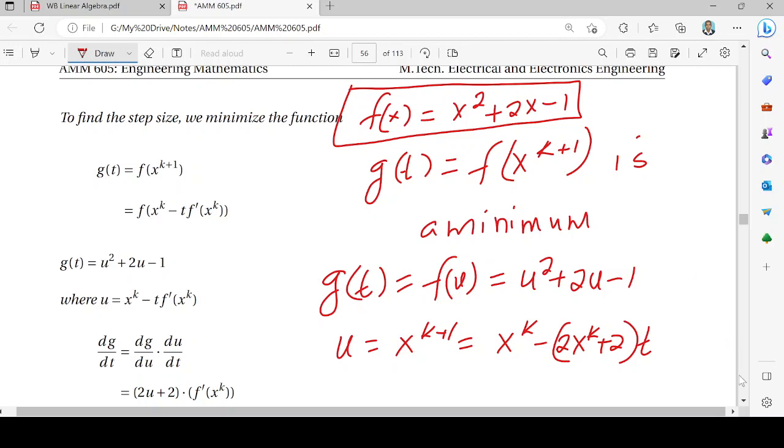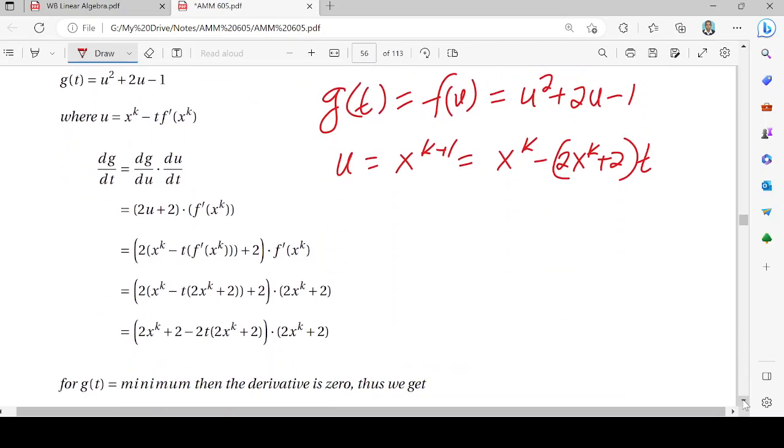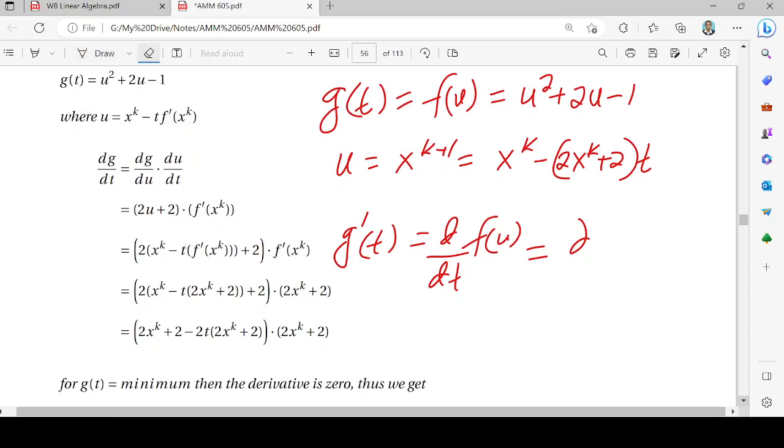So if we want to differentiate g with respect to t, g prime of t, we can write it as the derivative with respect to t of f of u. We can achieve this derivative by using the chain rule. We differentiate f with respect to u first, and we multiply by du dt.